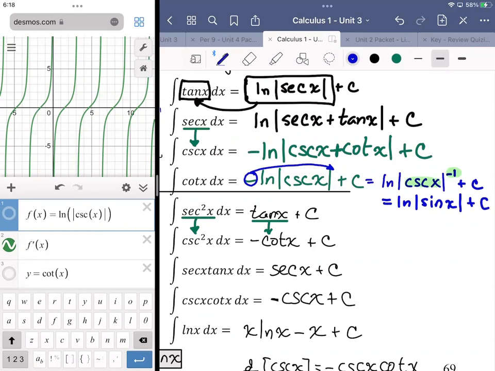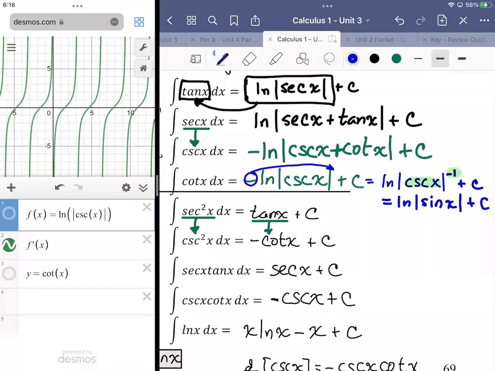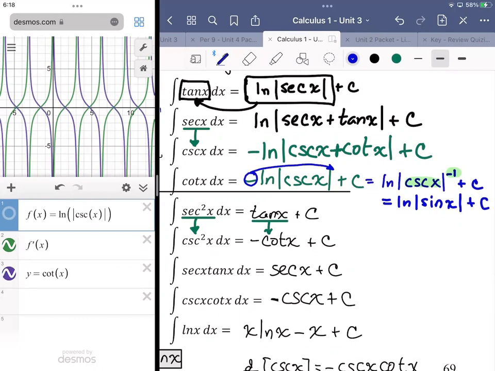You could actually pick that up using the Desmos check, because again, we're not interested in what the original function looks like. We're interested in what the derivative function looks like. So the derivative function looks like this, but the integrand is that. It's a reversal.